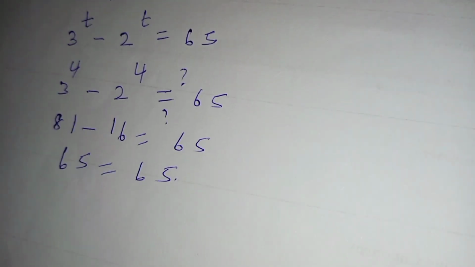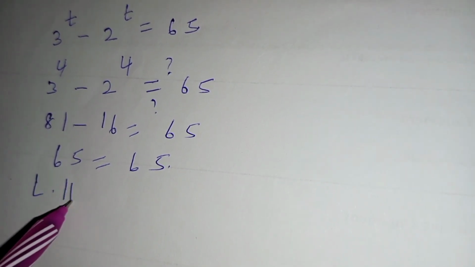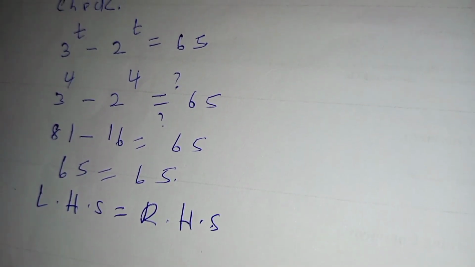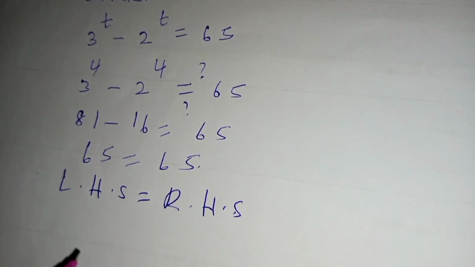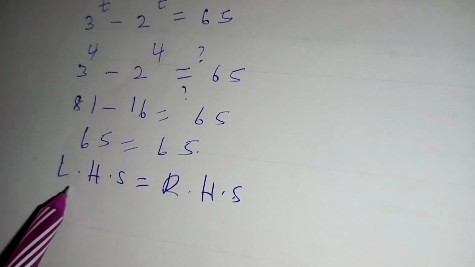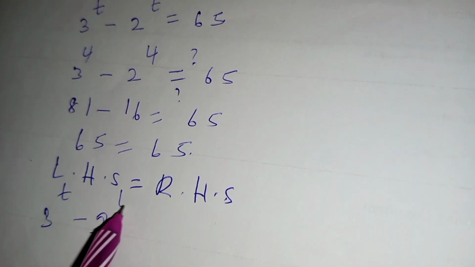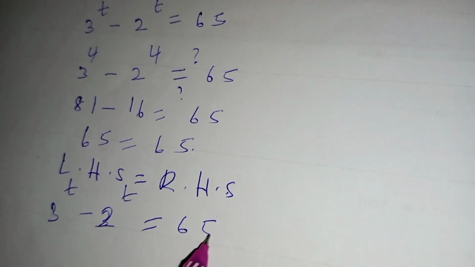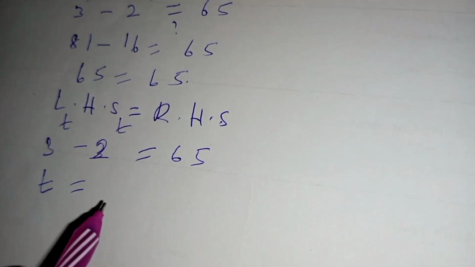So since the left hand side is equal to right hand side, it follows that when you have this equation, 3 to the power of t minus 2 to the power of t, which is equal to 65, the possible values of t is equal to 4.